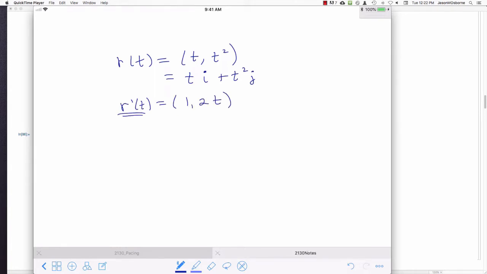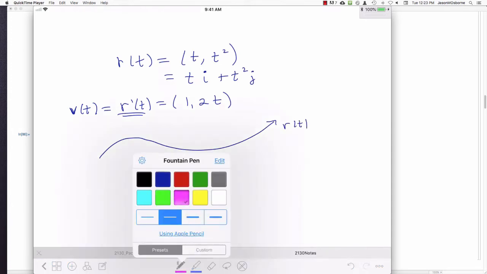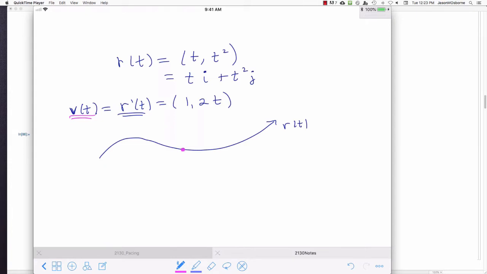This derivative of the curve is what we are calling v of t, the velocity vector. So the interpretation of v of t is that if you have some curve r of t given, then v of t is the arrow at the point r of t that points in the direction of the tangent line.